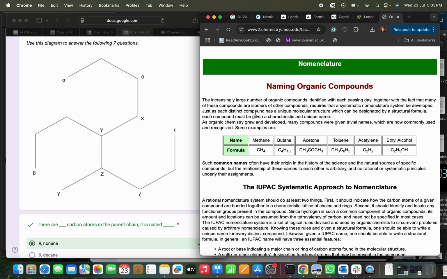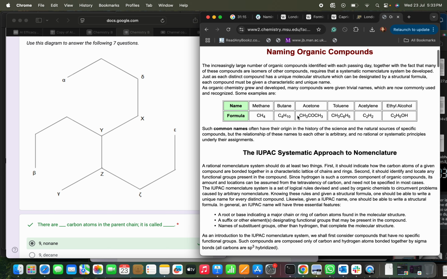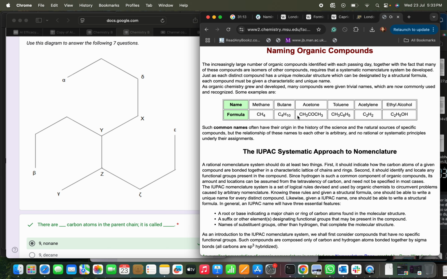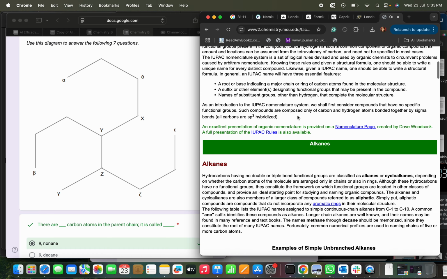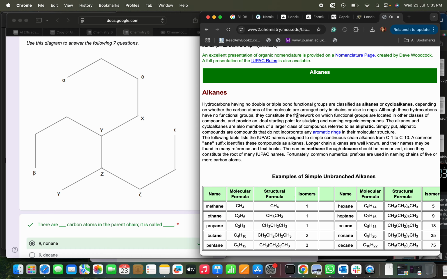So I'll go with the nomenclature and I'll get something here. Hydrocarbons having no double or triple bond are classified as alkanes or cycloalkanes. Although these have no functional group, they constitute the framework on which functional groups are located in other classes and provide an ideal starting point. The alkanes and cycloalkanes are also members of a larger class called aliphatic.